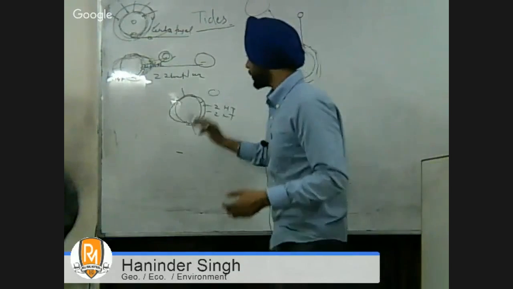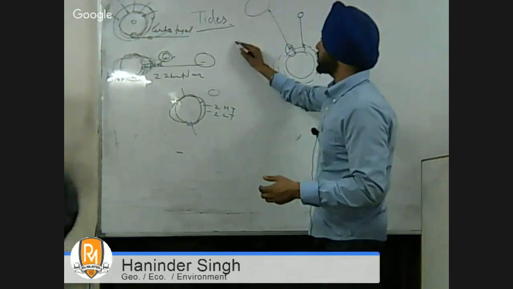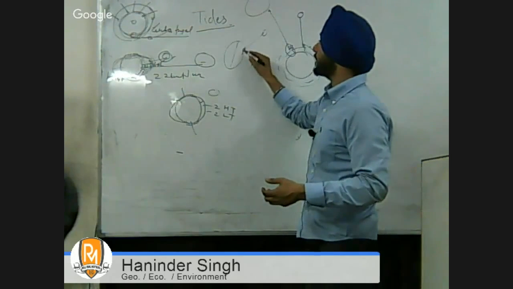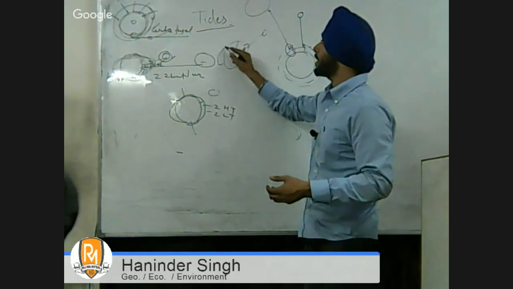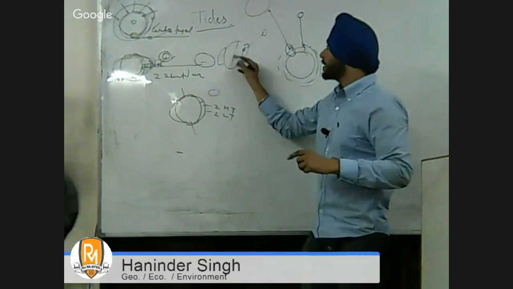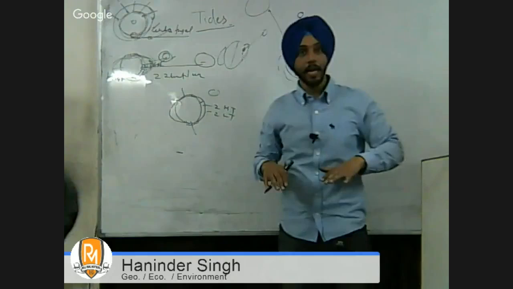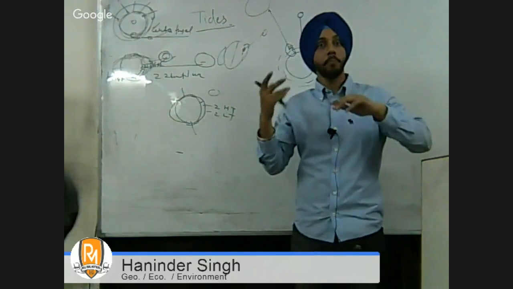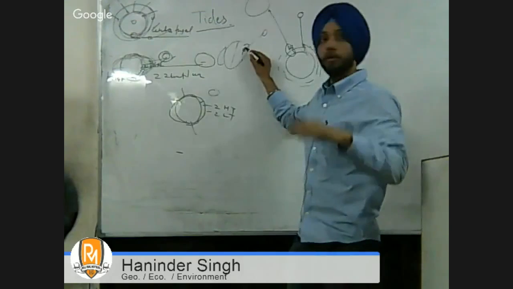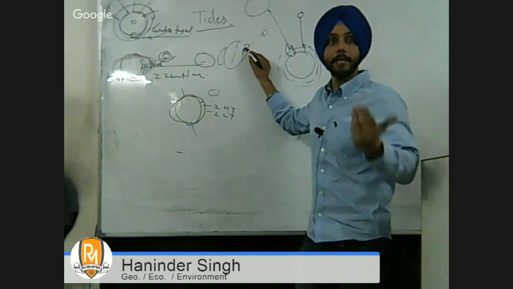This is the effect of the rotation of earth. Say if earth would have been stationary, and this is the axis of earth and this is the moon, then only this area would be having high tide, or this area would be having high tide. That's it. Point is, when the earth rotates, say you are living in Mumbai, if Mumbai would have been here, you would always experience high tide.